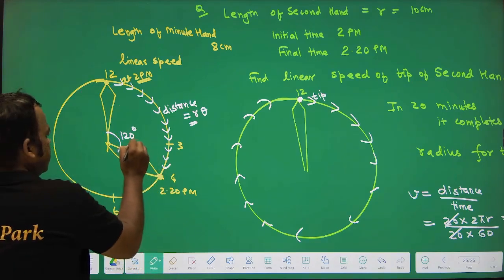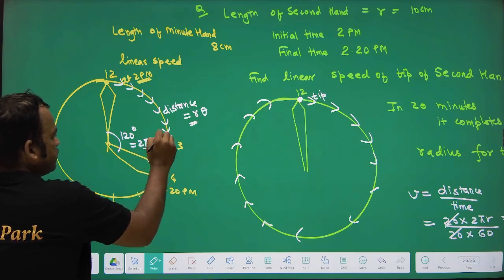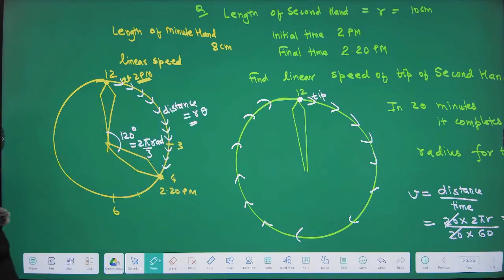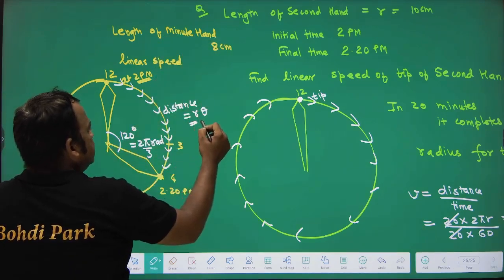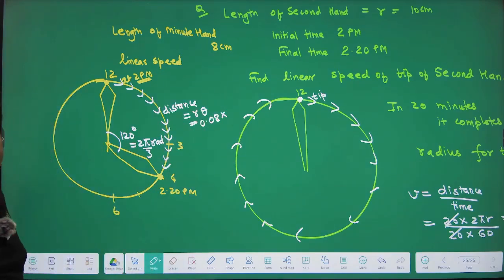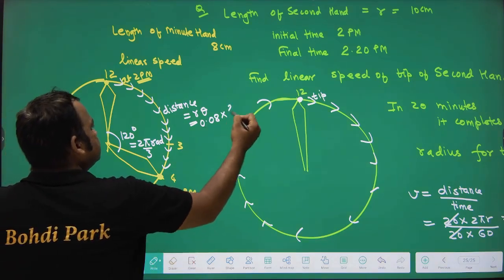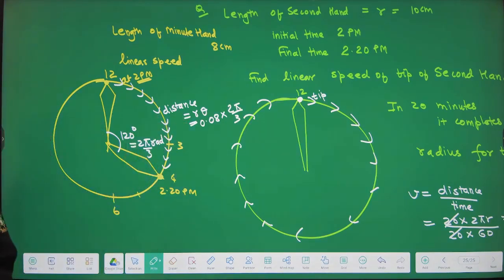So 120 degree is 2 pi by 3 radian. Now radius will be the length of minute hand. So the length of minute hand is 8 centimeter, so radius is 0.08 meter, and angle covered is equal to 2 pi by 3. So that is the distance.